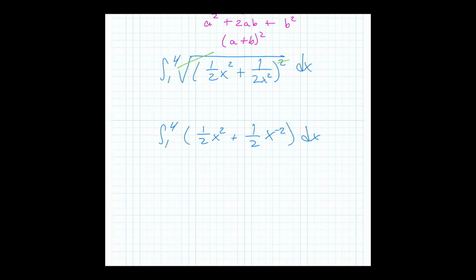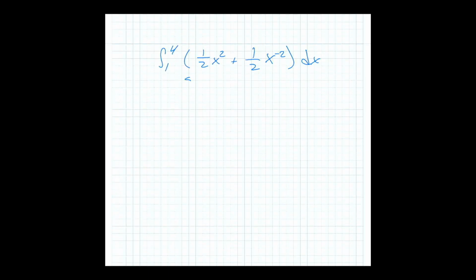All right? And then now we can solve this, the way we've solved lots of integrals. So add 1 to the power, makes a 3, divide by 3. Add 1 to the power here, turns into a negative 1, divide by negative 1.